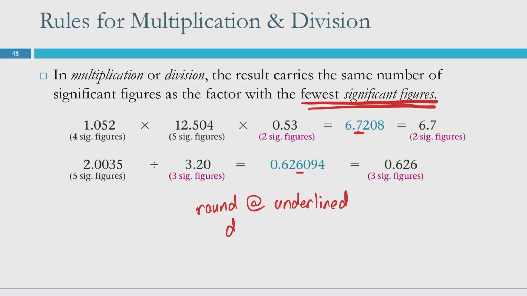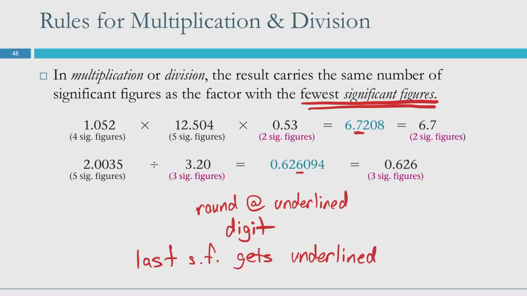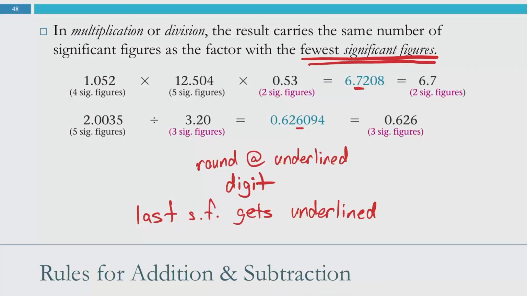So we would round at the underlined digit. I usually use this underline to mean that it's our last significant figure. This is especially helpful when we have multiple steps. So our last sig fig gets underlined.